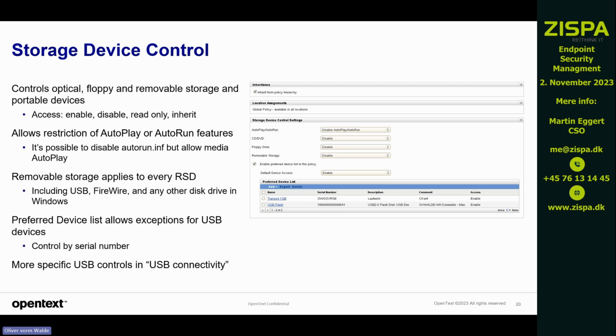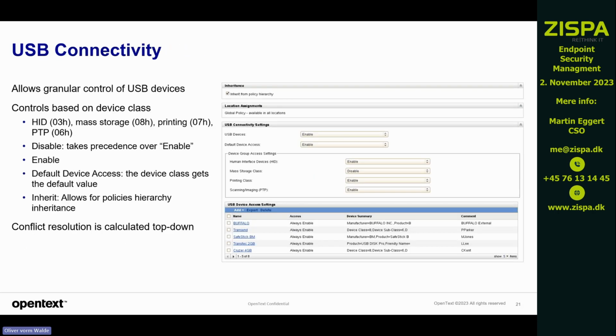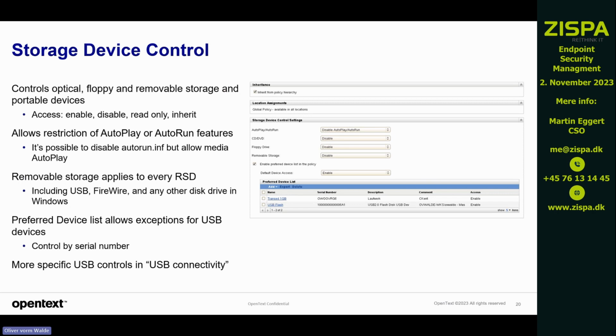In my case, the storage device control plays together or does similar things like the USB connectivity. The storage device control is responsible for the storage accessibility. And it does not include the variety of USB, because in USB you have the difference between keyboards, portables, the mass storage.